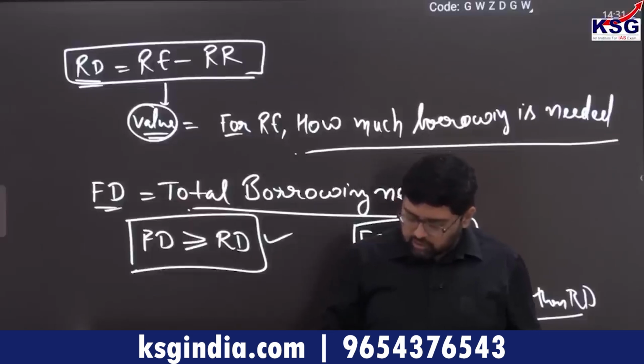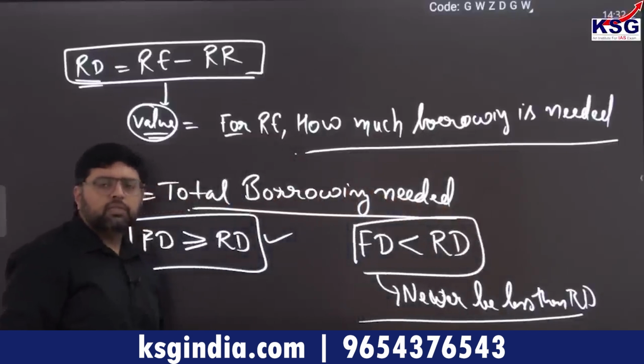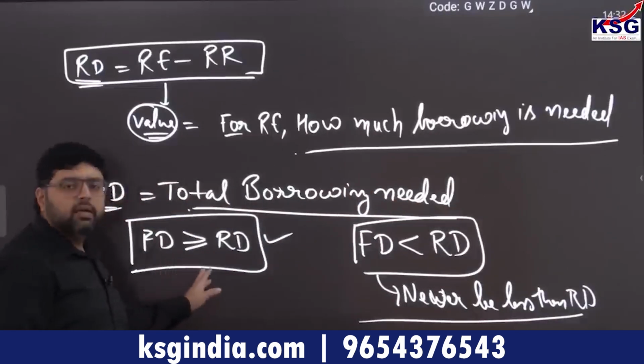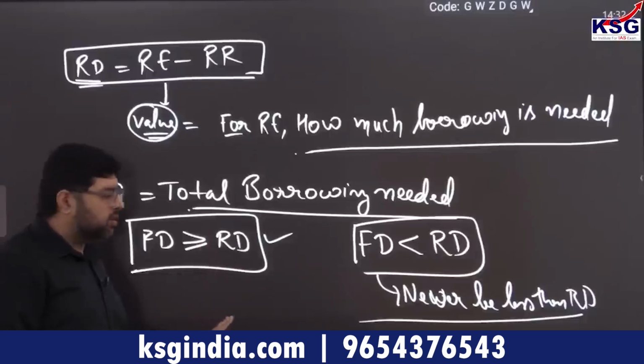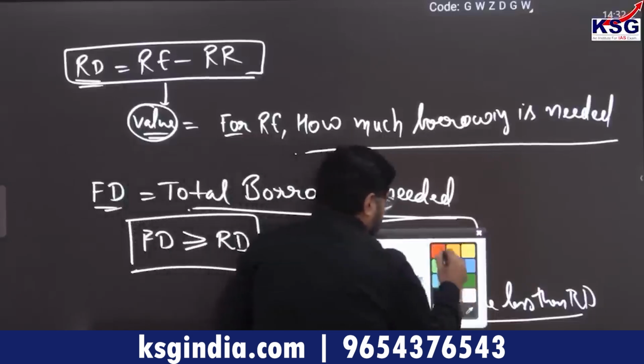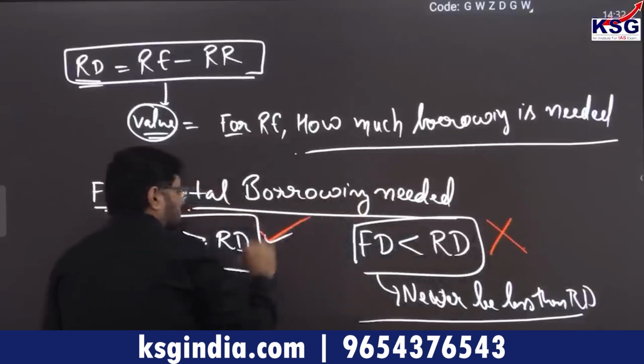I hope this is clear to everyone. So FD is always more than or equal to revenue deficit, but FD will never be less than revenue deficit. So this cannot be the case. This will be the case.